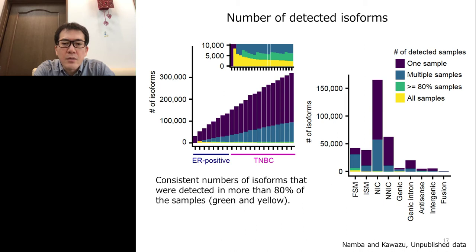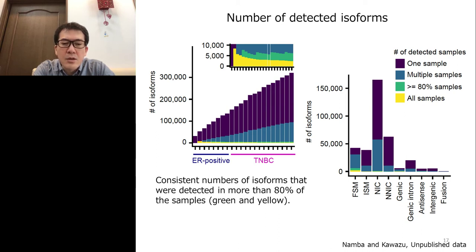And we found NIC to have the highest number of isoforms, indicating that the pairing of splicing donors and splicing acceptors is far more diverse than registered in Gencode. The second highest category was NNIC, and most of them were detected only in one sample.